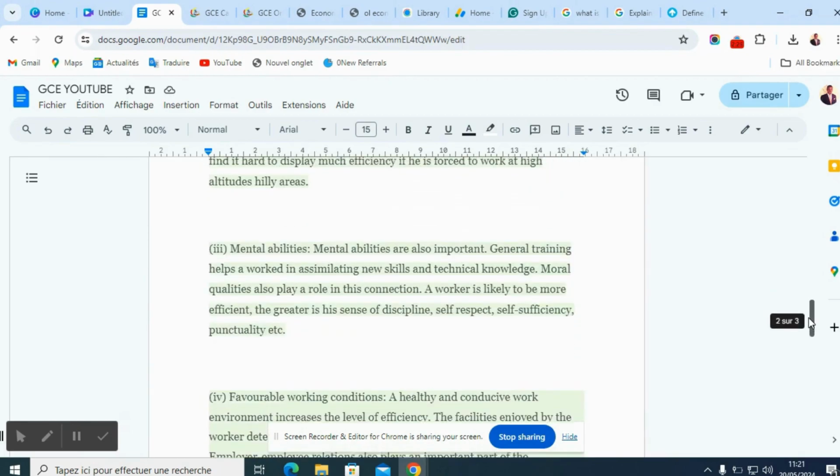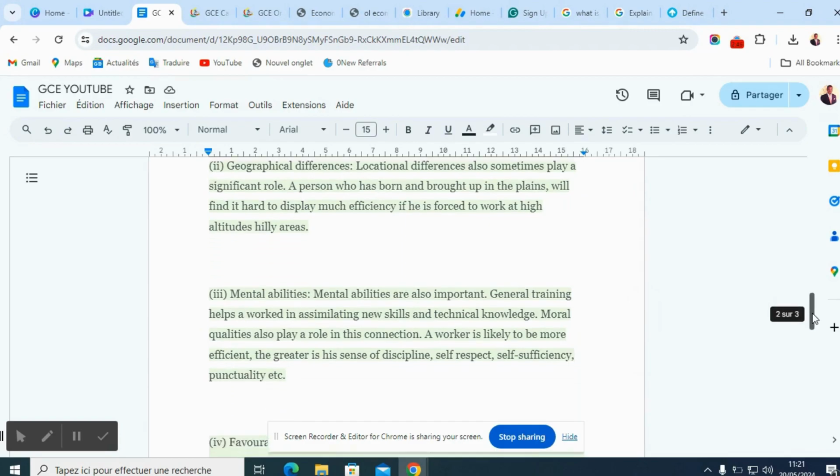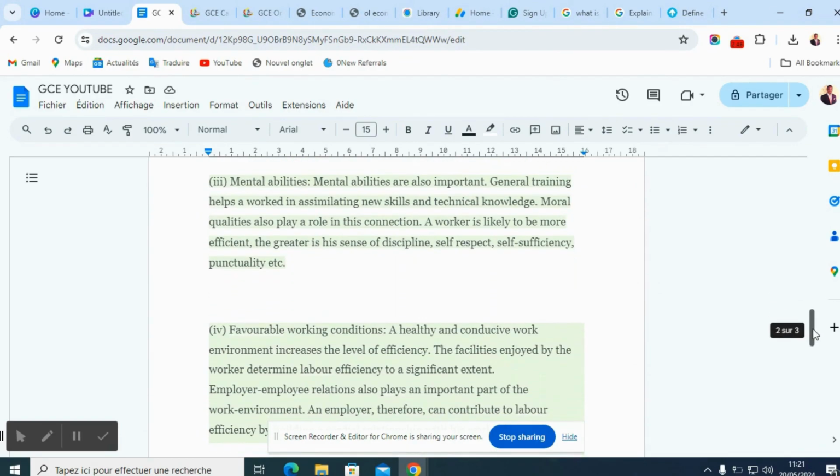The second one is geographical differences. Locational differences also sometimes play a significant role. A person who was born and brought up in the plains will find it hard to display much efficiency if he is forced to work at high altitude hilly areas. Third, mental abilities.